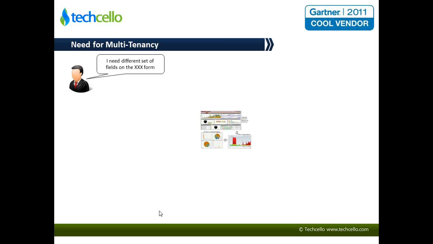Let's say the first customer comes and says, fine, I like your product, but I want this particular form or set of forms to contain my own specific set of fields. Your product doesn't currently have those fields, so I want to have them. Or it could even be that he doesn't want some of the fields which your product already has. So either way is possible, right?